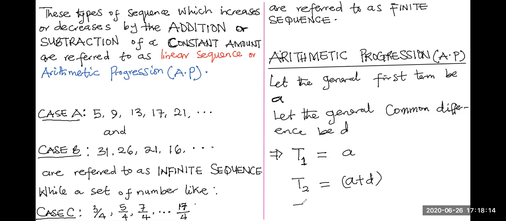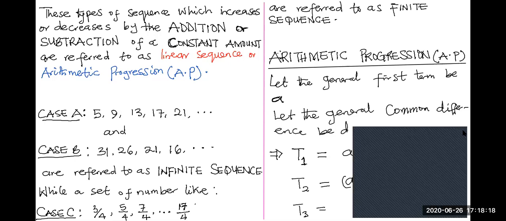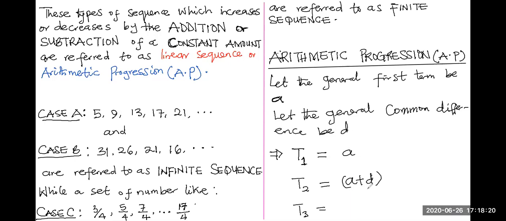And the general third term, T3, when you add another D to the second term, you're going to have A plus D plus D, which will give us A plus 2D. And the fourth term is going to give us A plus 3D.